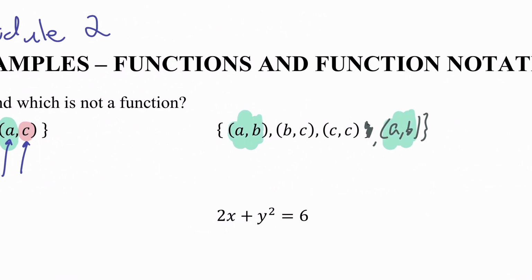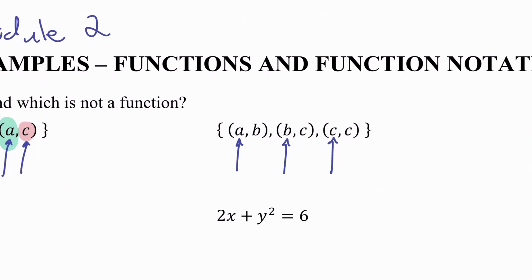That doesn't disqualify this new list from being a function. It just means we have a redundancy. So ignoring redundancies, you look for whether an input value ever gets listed twice. If so, that's a problem. If it's merely redundancy, that's okay.